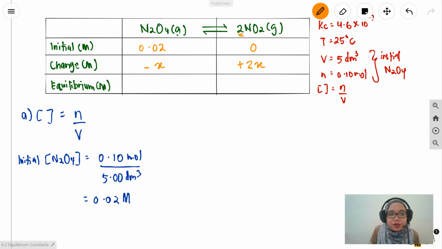So at equilibrium, it is initial plus change.